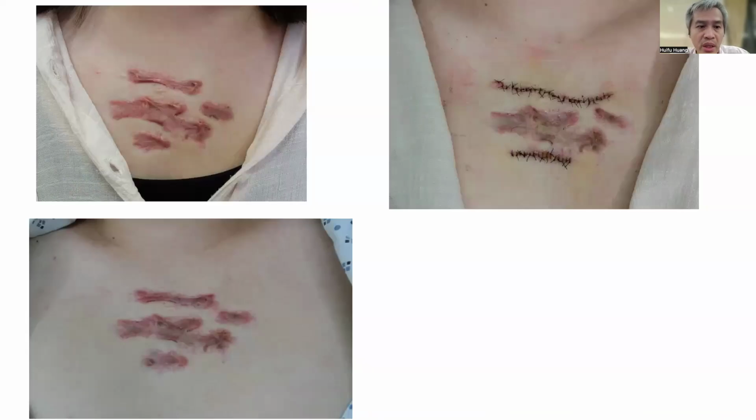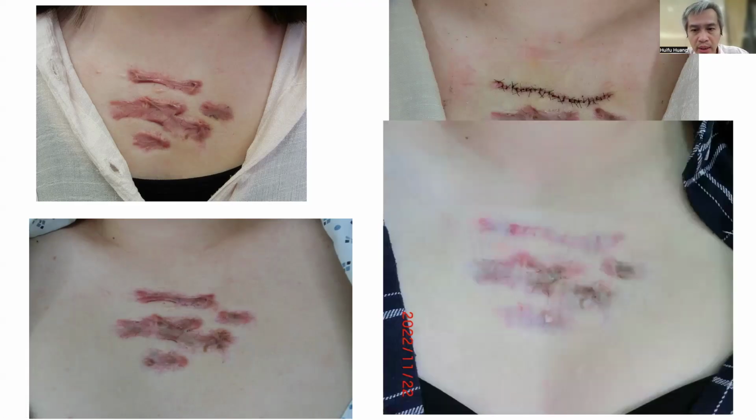This is a severe scar over the anterior chest skin. I treated the scar with surgical excision as well as laser treatment and steroid injection, and finally the scar became less obvious.